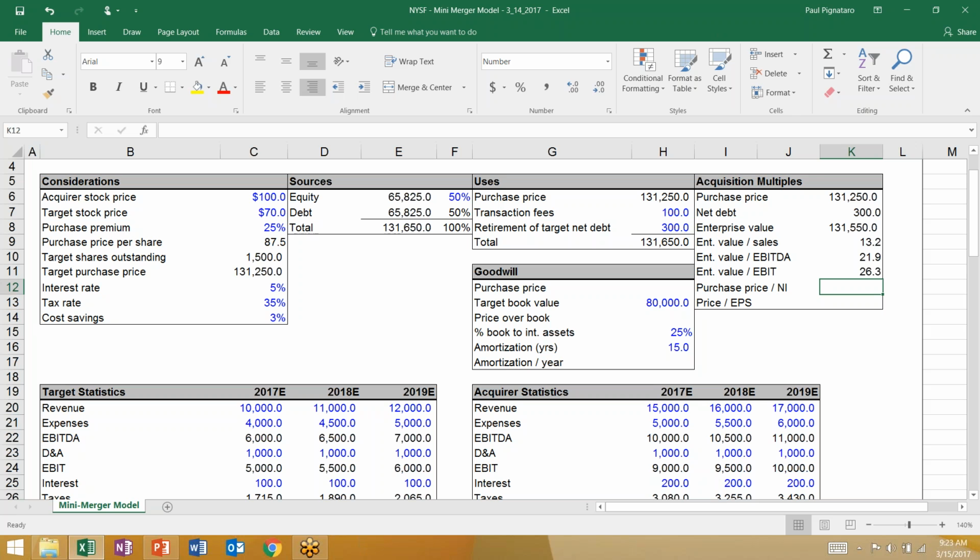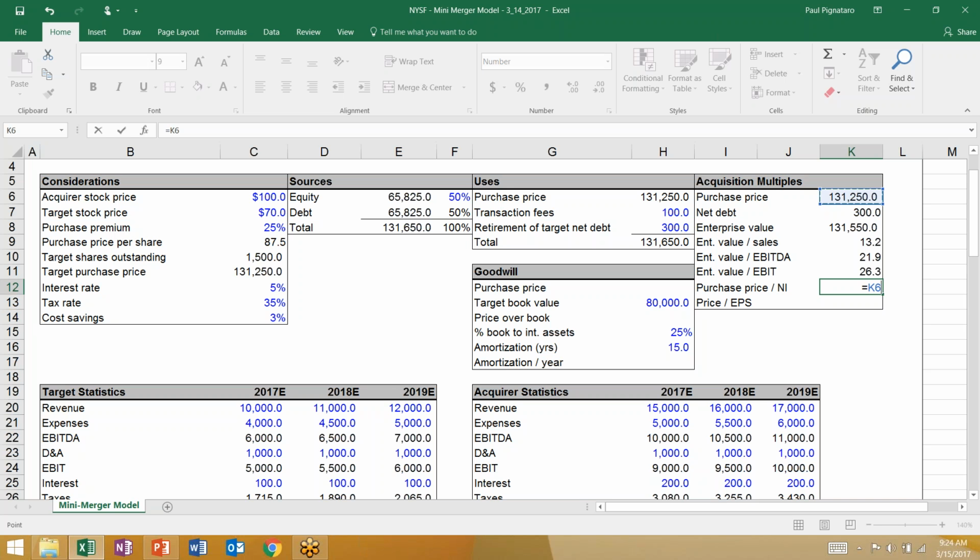With purchase price, the purchase price is the equity value. Remember the difference between equity values and enterprise values. Equity value is after interest, after lenders have been paid, so you want to compare it with underlying metrics that are after interest. That's why purchase price here is effectively an equity value to net income.